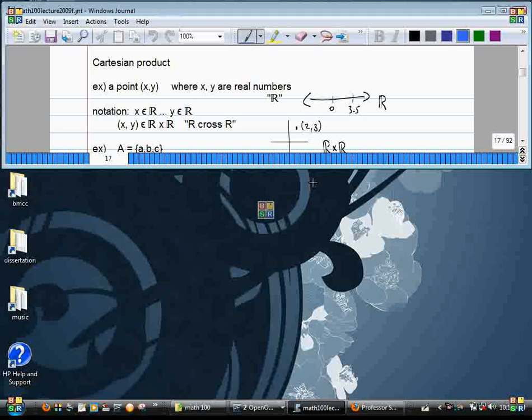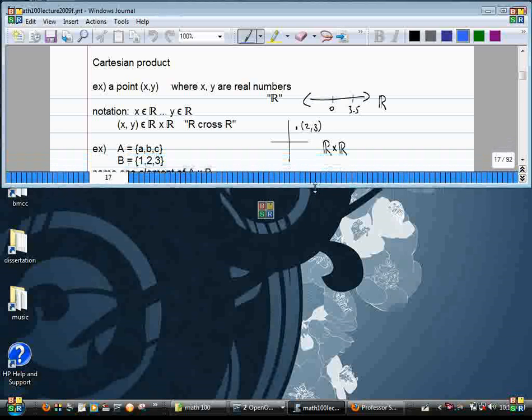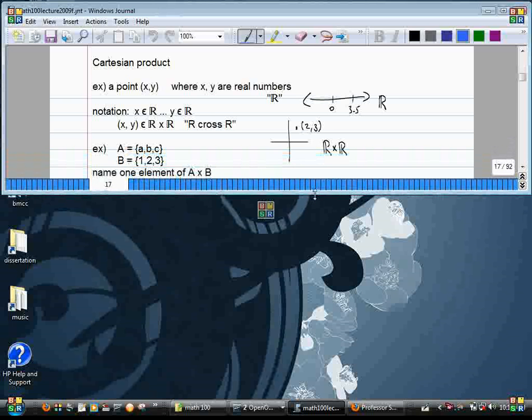Now let me make a basic abstract example. Suppose the set A is {A, B, C}, and the set B is {1, 2, 3}. So we've got a new set that is A cross B. And I want you to tell me one element of that set.